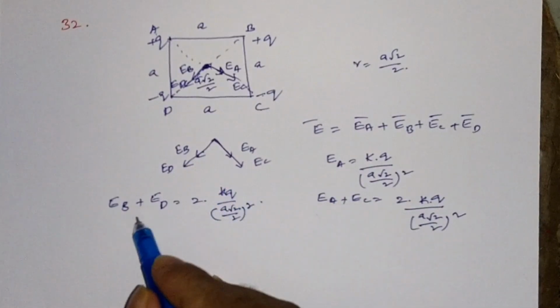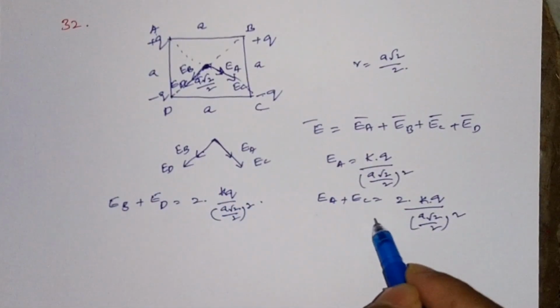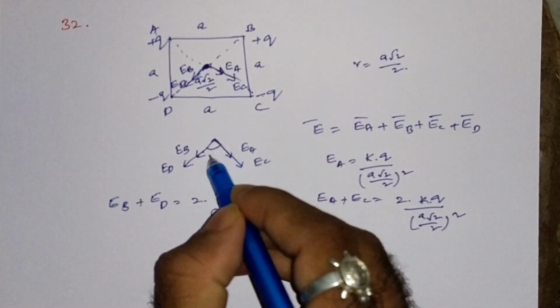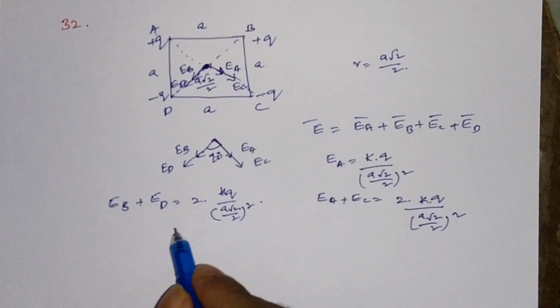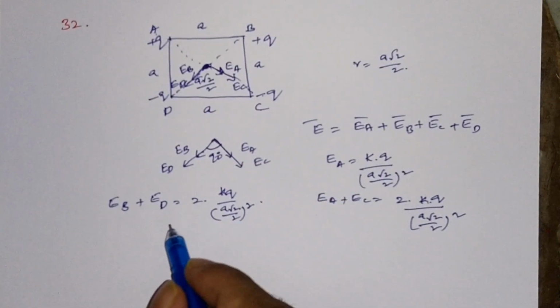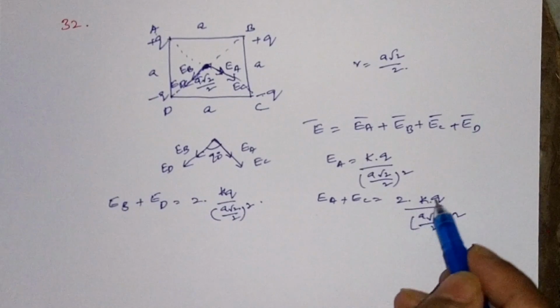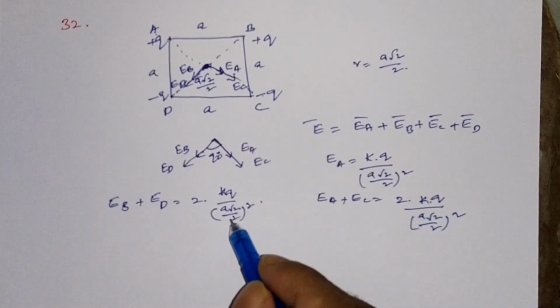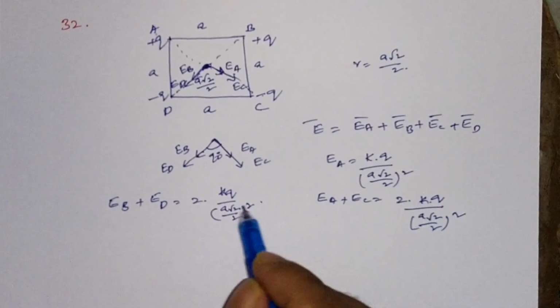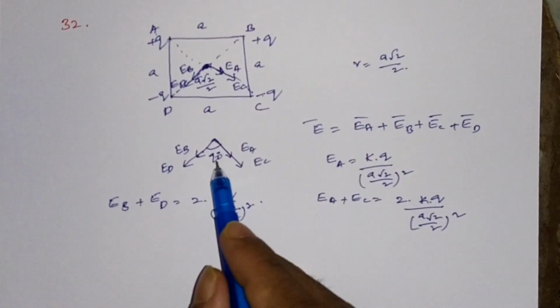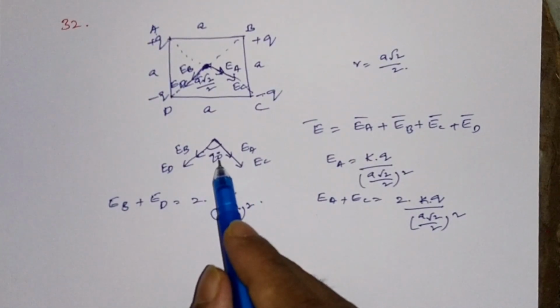Now this is one and this is another one. What is the angle between them? 90 degrees. Now finally E will be the root of this whole square plus this whole square plus 2 into this one into cos 90. Cos 90 is 0.